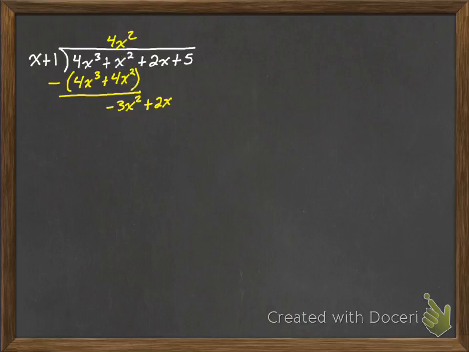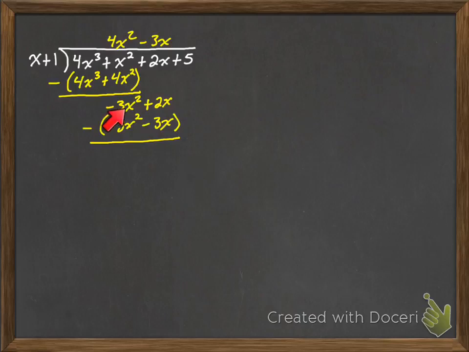What we need to multiply by then would be a negative 3x. Negative 3x multiplied by that x gives us the negative 3x squared, and negative 3x multiplied by the 1 will be minus 3x. We're going to put parentheses around this and subtract these terms.